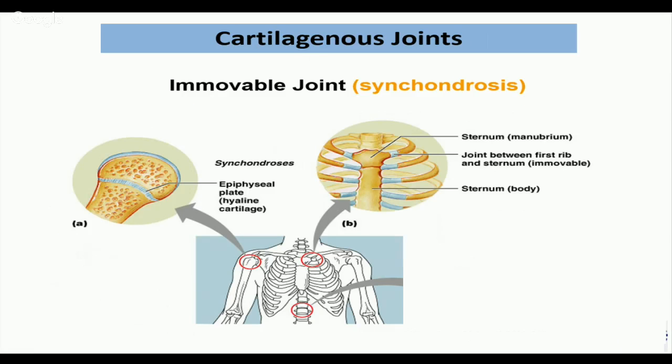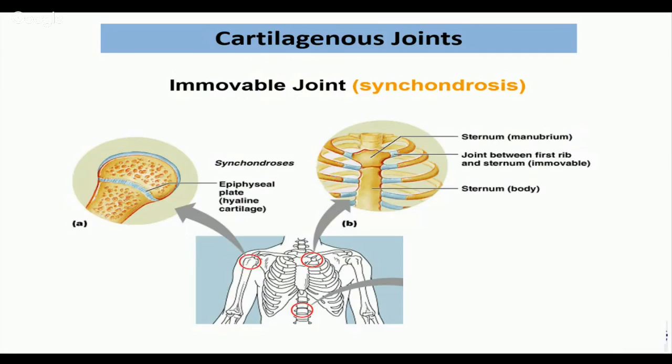Here come the examples of some of the immovable joints. If you look at the top of the rib cage, there is the sternum, and the joint between the first rib and the sternum is an immovable joint.